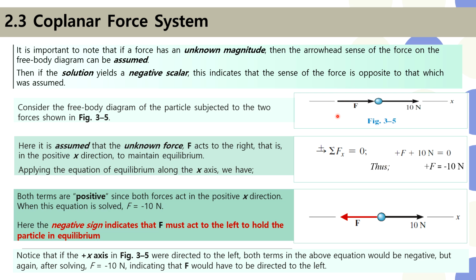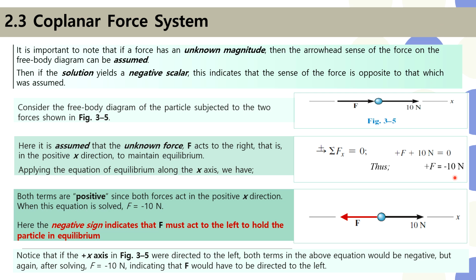So let's guess that the unknown force F is also pulling to the right, in the positive x direction. Then our equation becomes positive F plus positive 10 newtons equals 0. When we solve this equation, we get F equals negative 10 newtons.